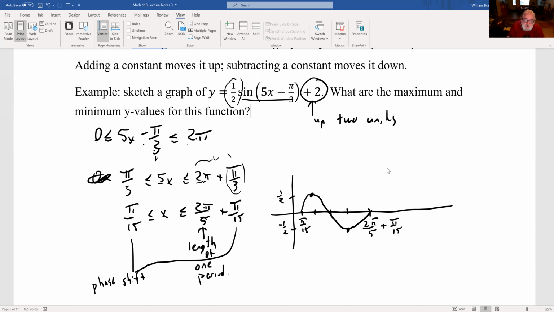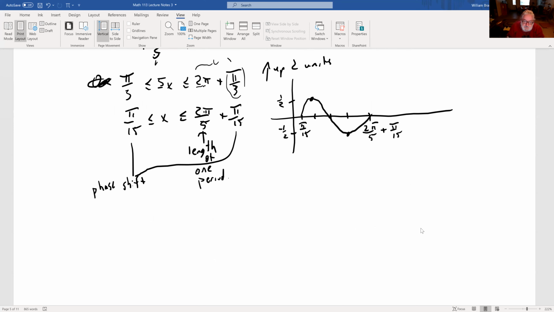What is the plus 2 going to do? That's just going to move everything up 2 units. So if we move everything up 2 units, minus 1/2 plus 2, that's 1.5. 1/2 plus 2 is 2.5. 0, which is the x-axis, that's a 2. Other than that, everything stays the same.